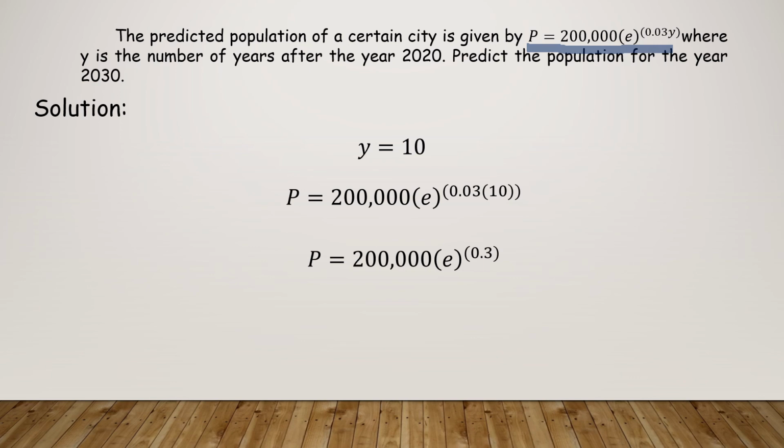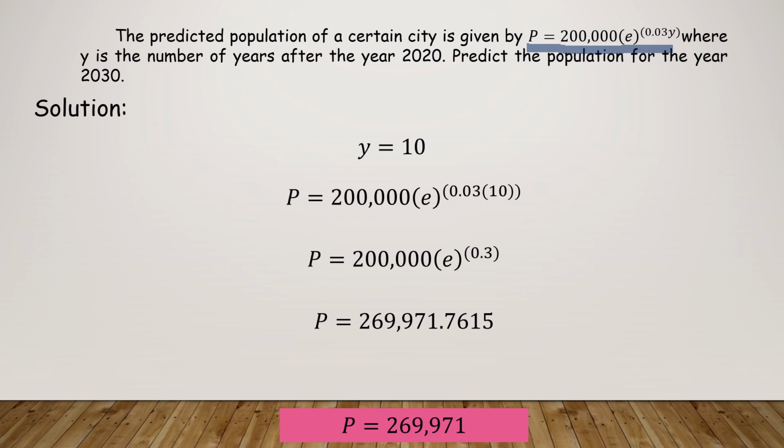And that will be P is equal to 200,000 times e raised to 0.03 times 10, or 200,000 times e raised to 0.3. And the population will be 269,971.7615. Since wala namang hating tao, our population will be 269,971.